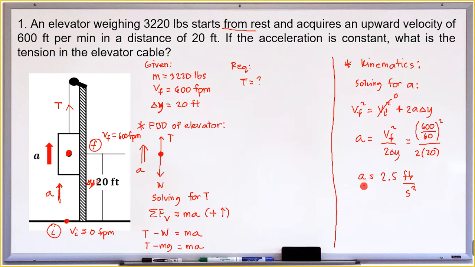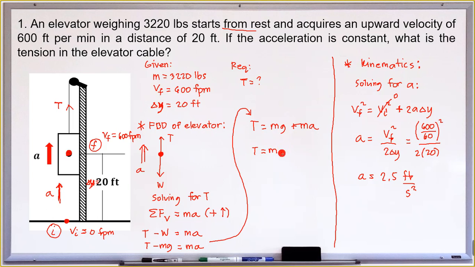So we're going to use this value to solve for the tension. So the tension is equal to, we can transpose the weight towards the right side. So it has mg plus ma. So we can factor out m, the mass.